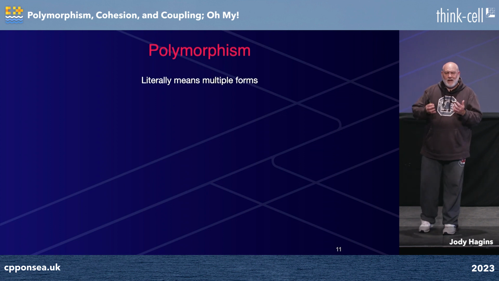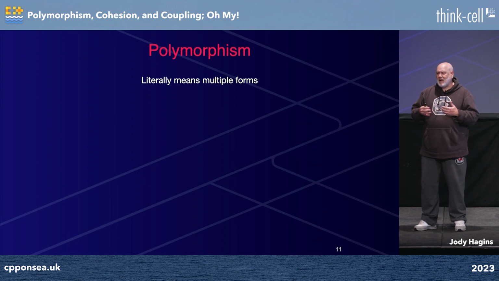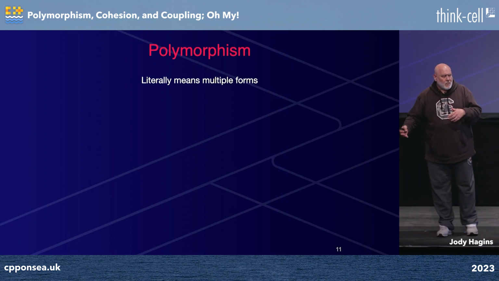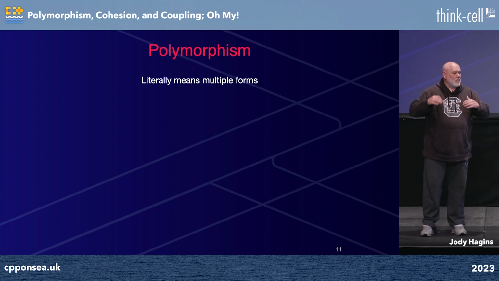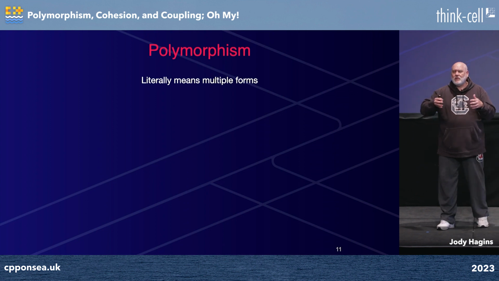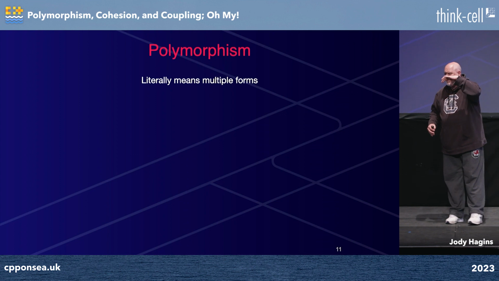And so you have something that takes multiple forms. We see this in C++, where you have a class that has virtual function foo, or a virtual function draw, and everything that inherits from it has a different type, and then they implement that draw. They have different forms. There's multiple of these forms of the same thing, the same draw.